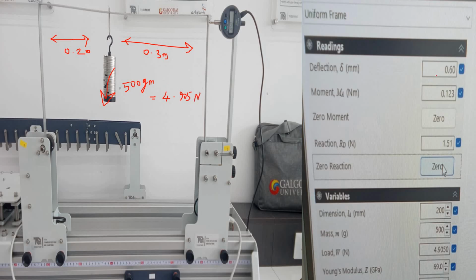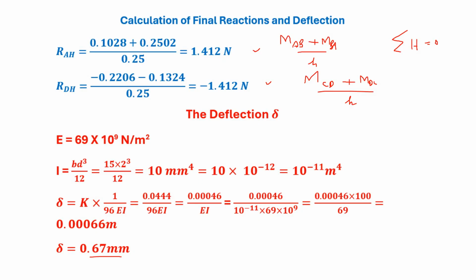Okay, so you can see deflection is 0.60, but we have got 0.67 here.